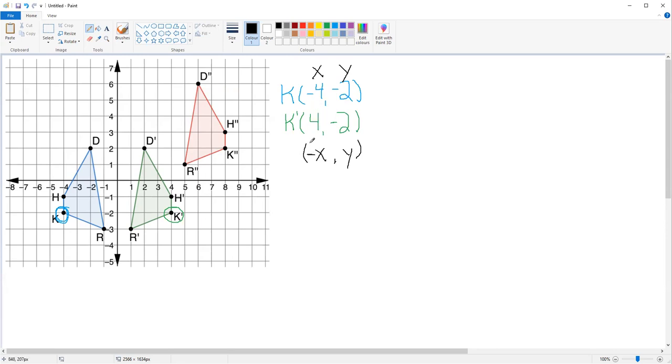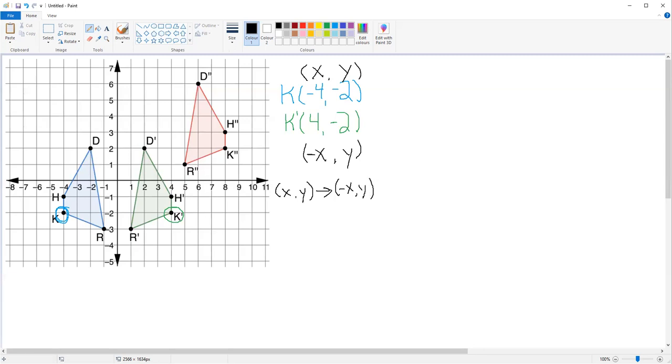It changed polarity, right? So my algebraic expression would be x comma y, which is how every algebraic expression starts, yields -x comma y.